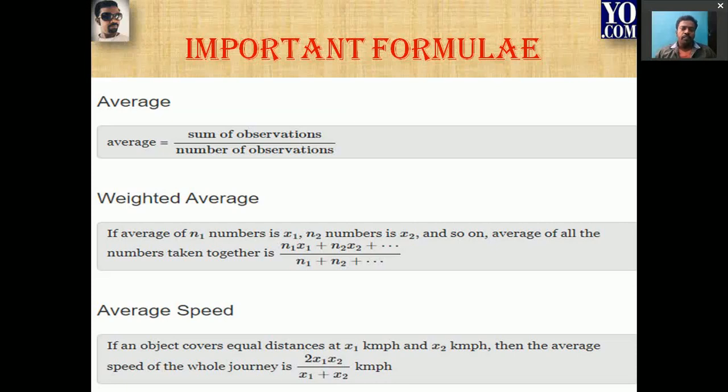In forward we are having one speed, that is x1, and in reverse we are having another speed, that is x2. So the average speed of journey is 2 x1 x2 divided by x1 plus x2. So the average speed is very important.